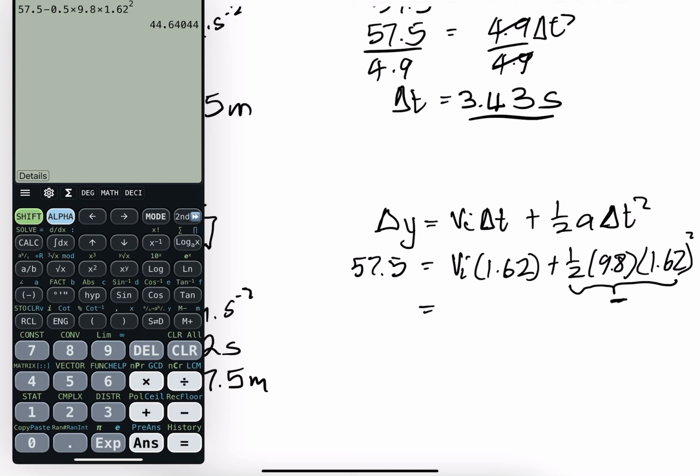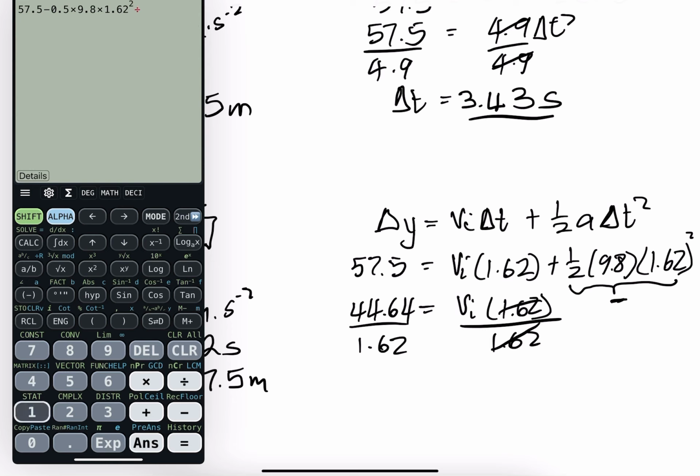So what this simply means is that we've got 44.64, and this is equal to Vi times 1.62. Of course, what are we going to do? Divide both sides by 1.62, okay? And now find our initial velocity. So I'm going to divide by 1.62.